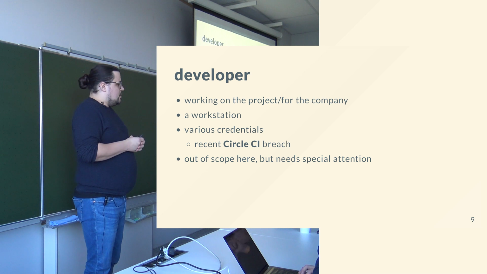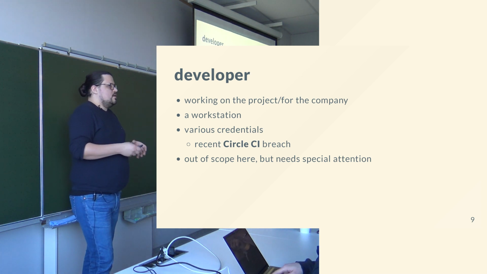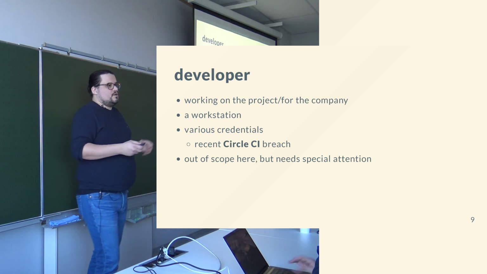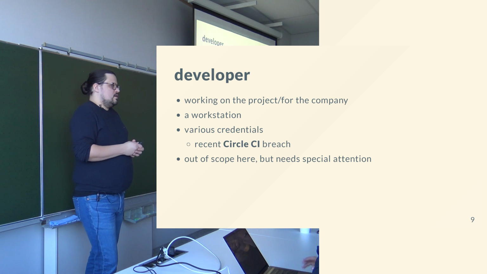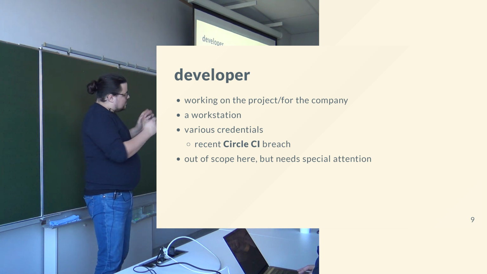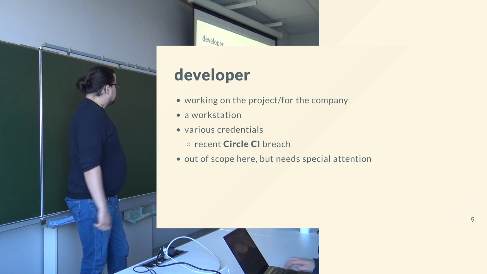The recent CircleCI breach, for example, was caused by a compromised engineer system, which gave access to a cookie with high privileges, and then led to the compromise of the system. But it's a bit out of scope for today, so we'll skip this one.